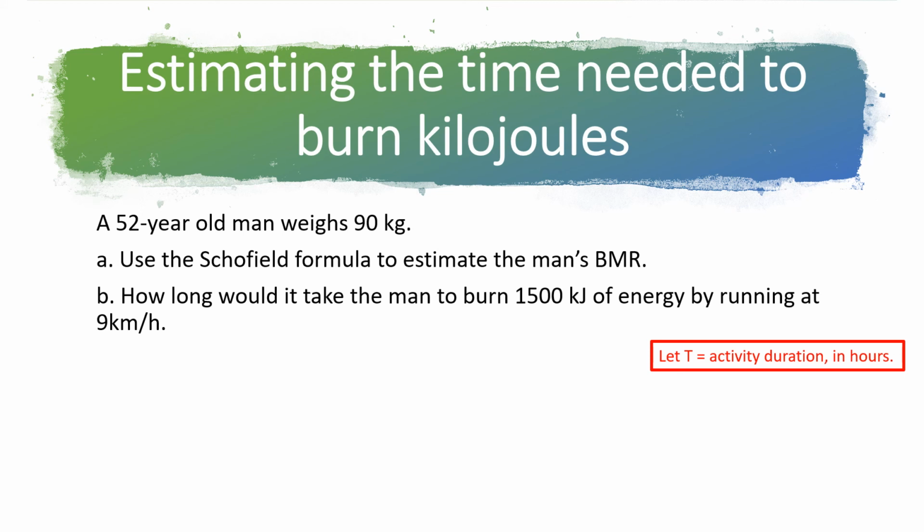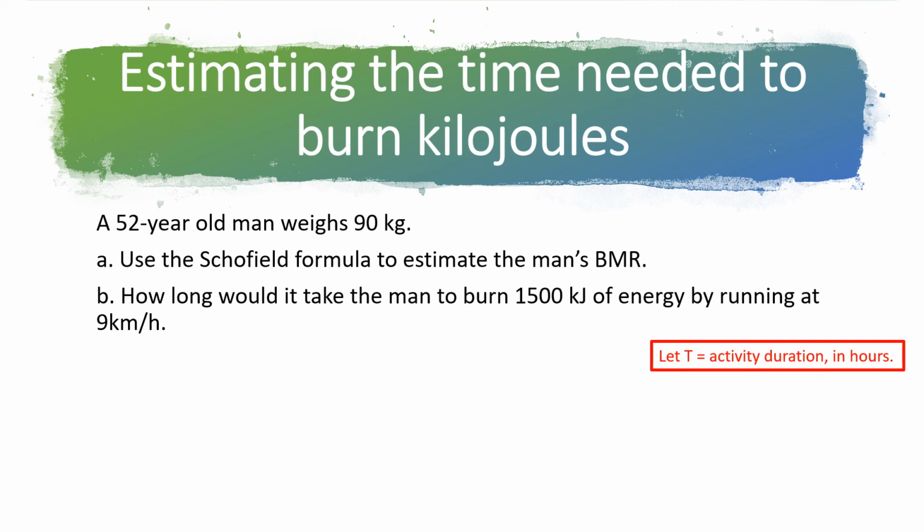And we'll just do one final example, estimating the time needed to burn kilojoules. So if a 52-year-old man weighs 90 kilos, part A is use the Schofield formula to estimate the man's BMR.